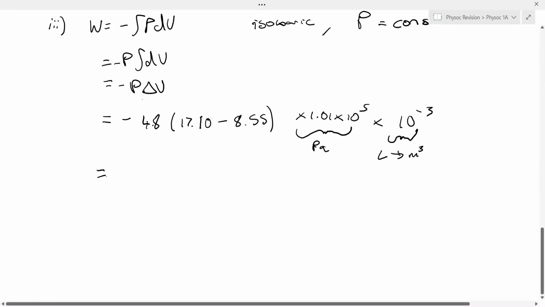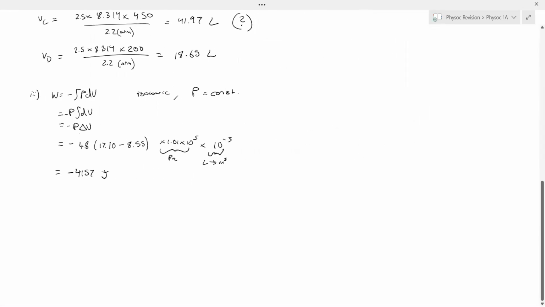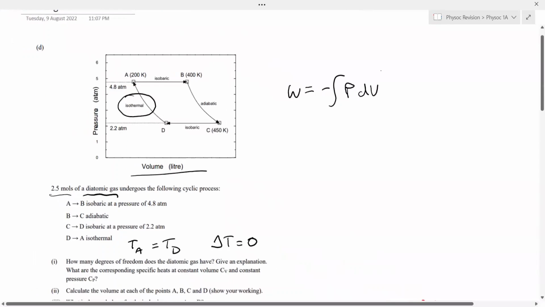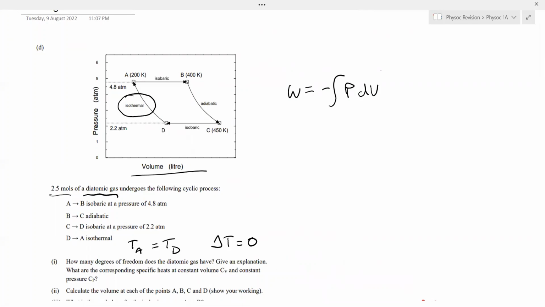Which ultimately gives us our total work of negative 4157 joules. And this is the work done on the process to make it expand, which means there is going to be work done by the system, which gives us that negative work value. So yeah, kind of weird.